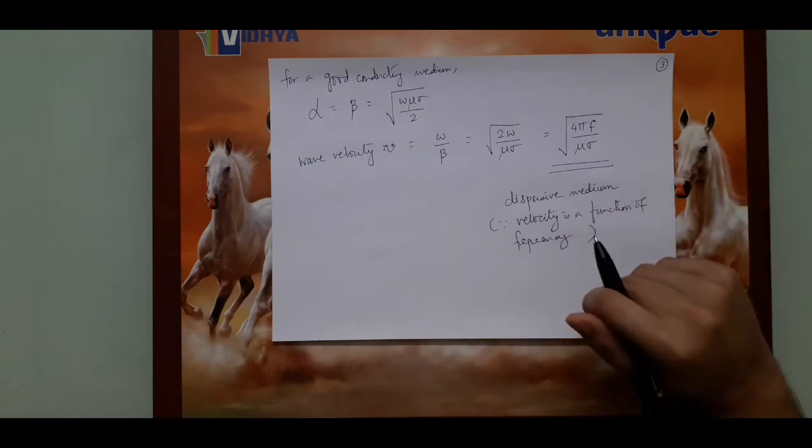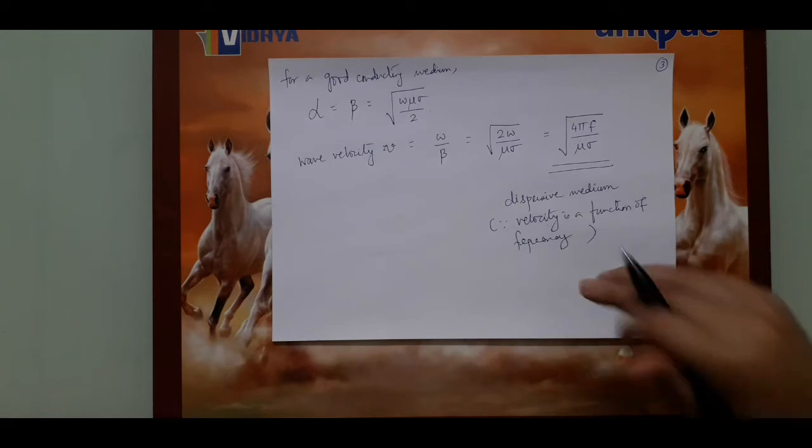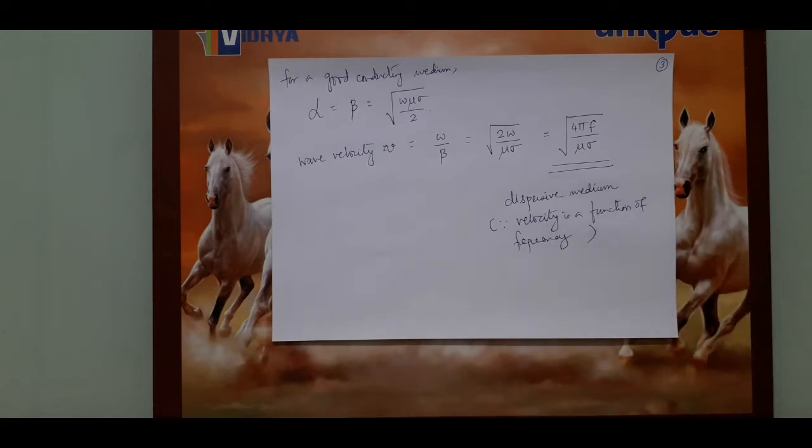Now what is dispersion? You may recall dispersion from your school physics, that is when a ray of light passes through one medium to another, let us say through a glass prism or something of that kind. The white light essentially gets split up into its different constituent colors. Why? Because the colors from violet to red all have different frequencies, and the glass is essentially a dispersive medium.